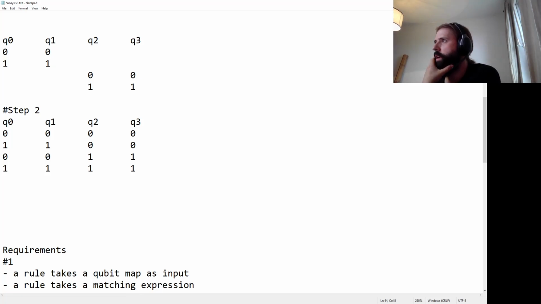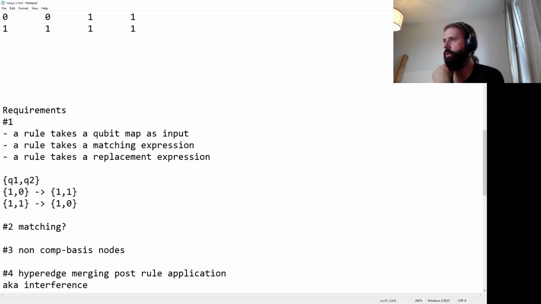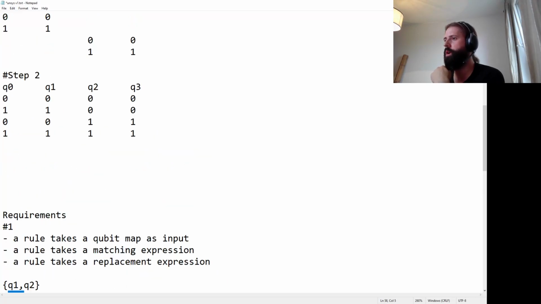So what I've done is I've just distributed these, right? Obviously you can do these in different ways. You can also just distribute it there, but the result should be equivalent. And now I have all the possible combinations of Q1 and Q2 in here. And now the rule tells me that I got to catch this pattern 1, 0, which is there, and turn it into 1, 1.